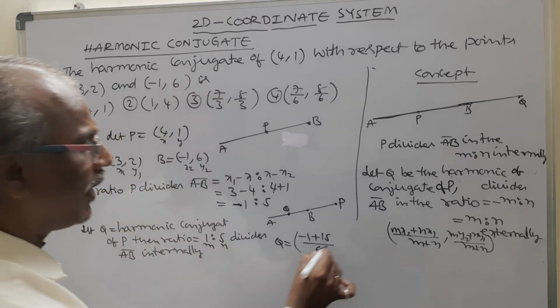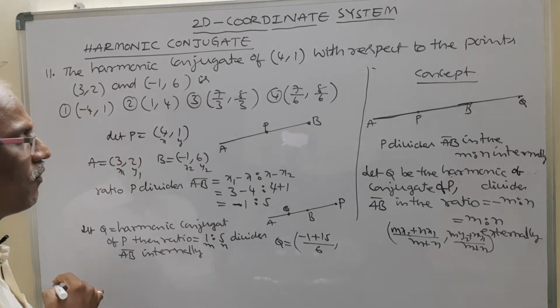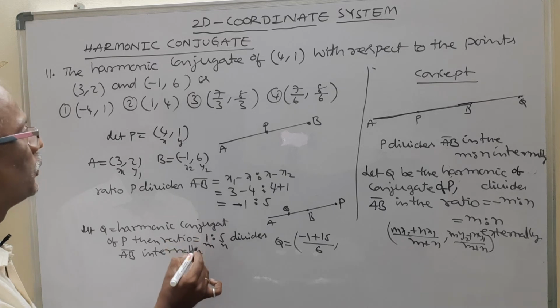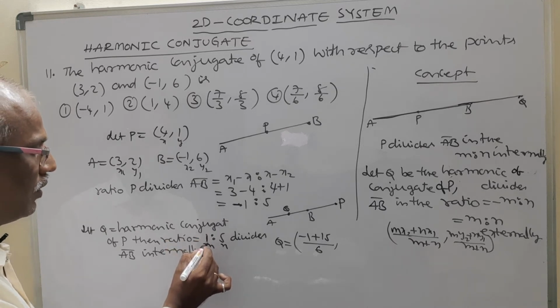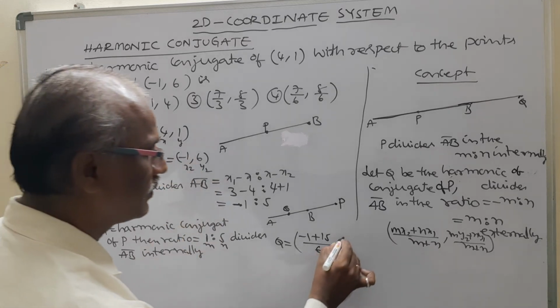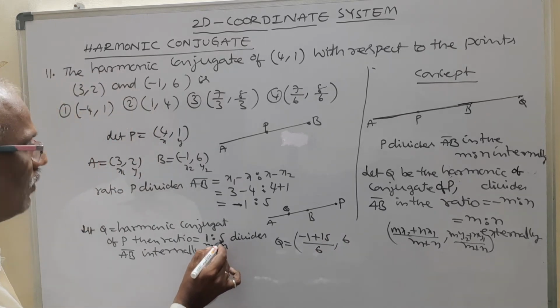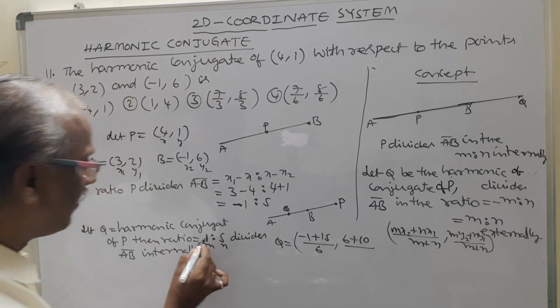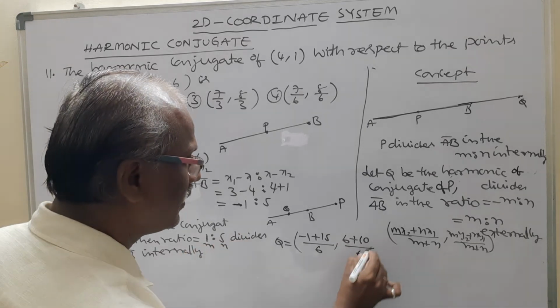Next, to find the y coordinate: m y2, here m equal to 1, 1 into 6, plus n y1, 5 into 2, 10, by m plus n, 1 plus 5, 6.